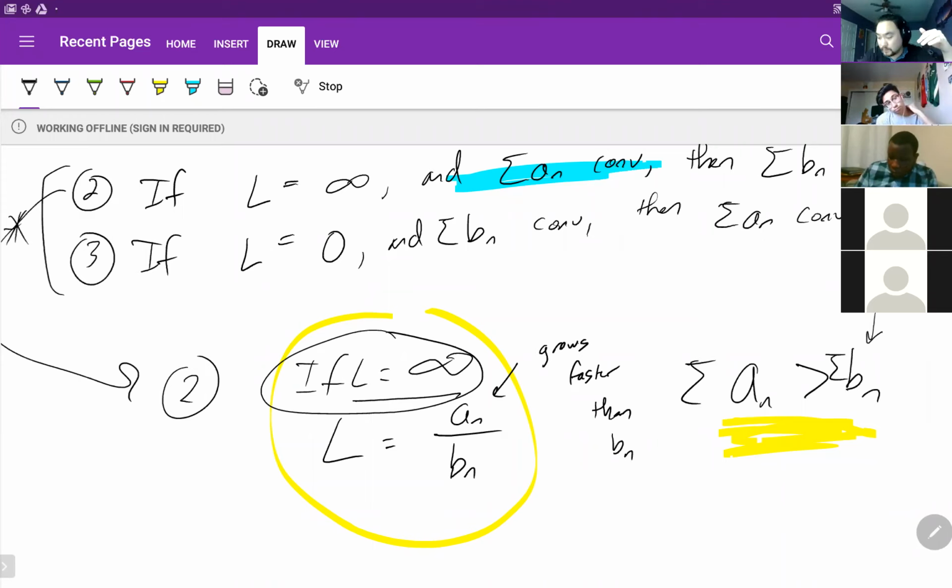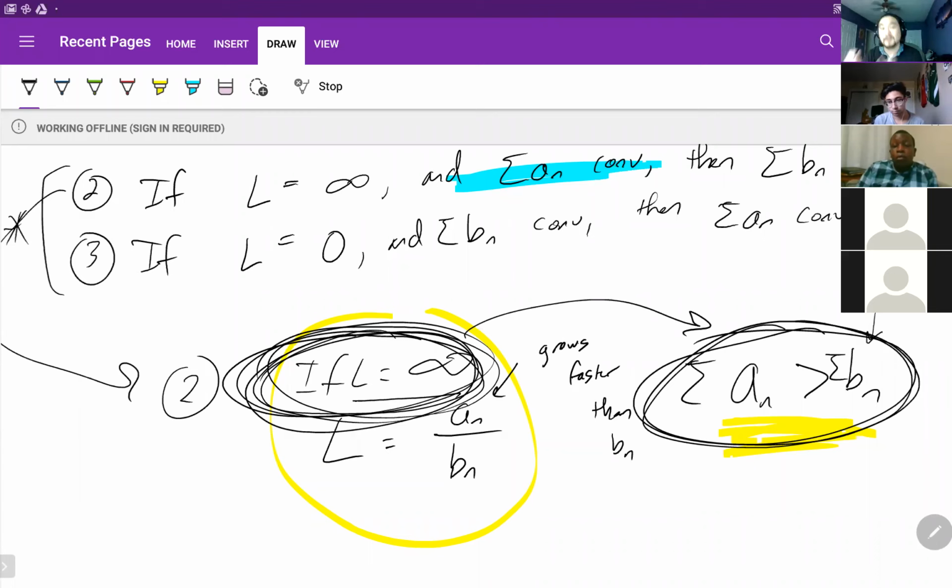This infinity conclusion leads to this conclusion. And if we're given the second conclusion, that if a sub n converges, b sub n converges, we also know if b sub n diverges, a sub n diverges. But it depends on the situation, like what you're given and what you're trying to prove.